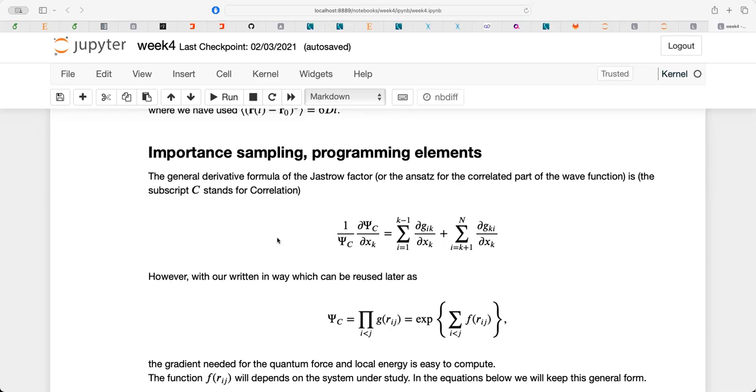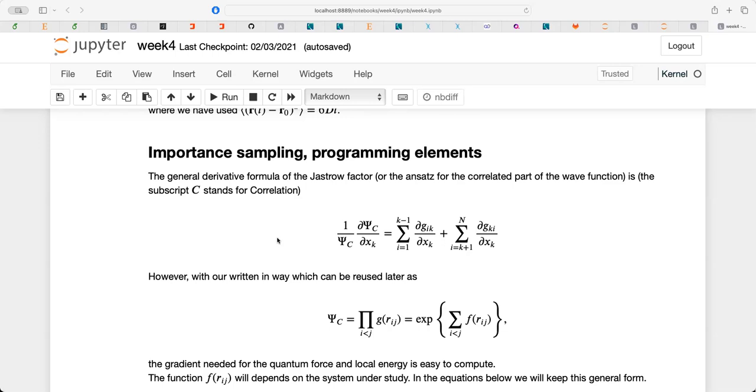This is the most common form of what we call the Jastrow factor, or just the correlated part. So this is us baking in information about the Hamiltonian, so that we, for instance, cancel a divergence in the two-body kinetic energy. That cancels a divergence in the two-body interaction.